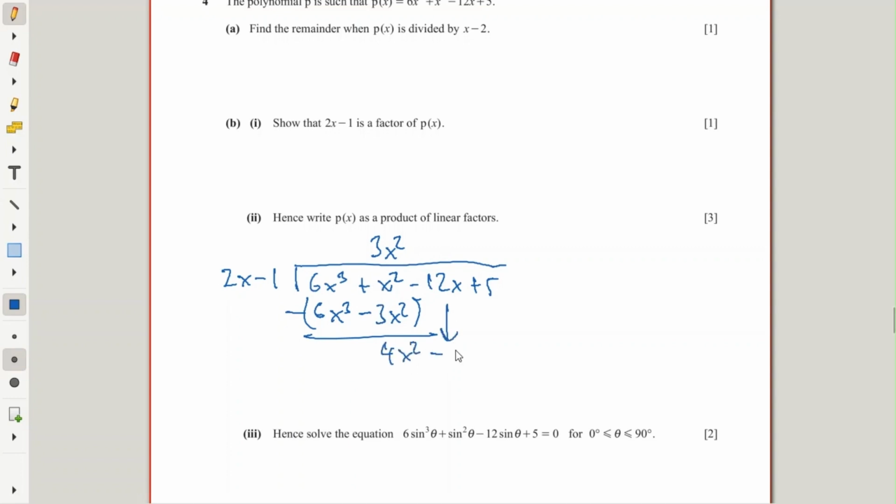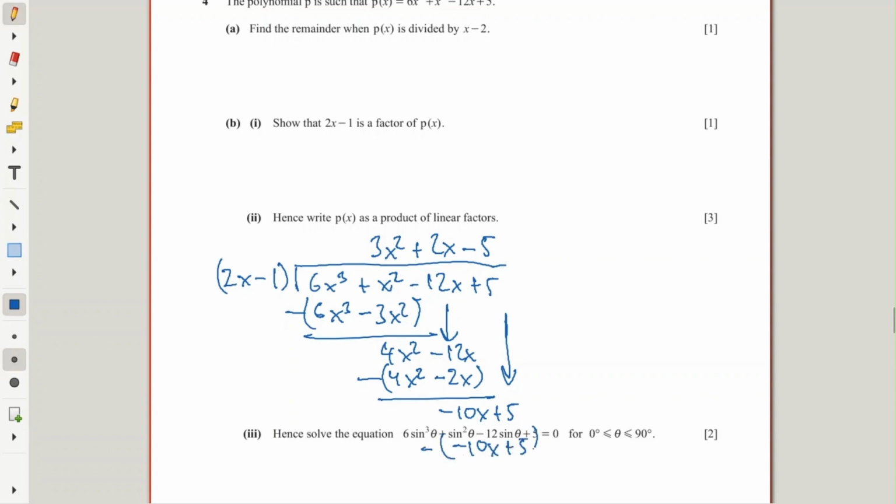Then I drag this one down. This will go here, 2x. So I multiply the 2x by this factor, and that should give me 4x squared minus 2x. Negative 10x, when this one comes, plus 5. This will go here, negative 5. Then you multiply negative 5 by this.